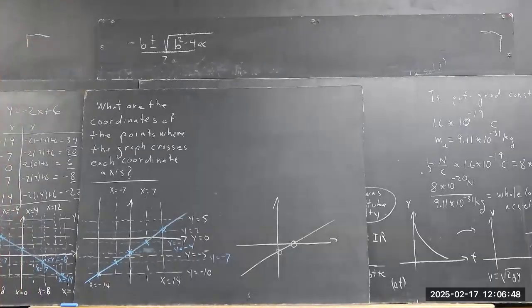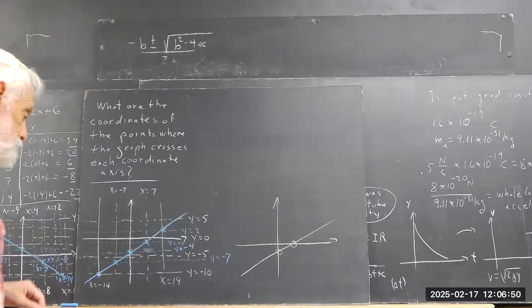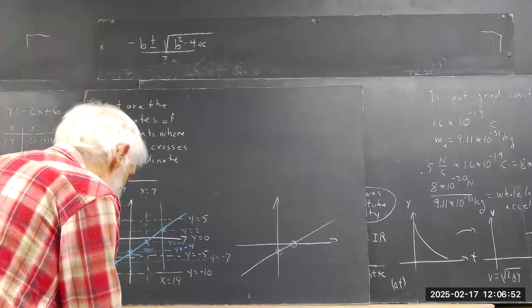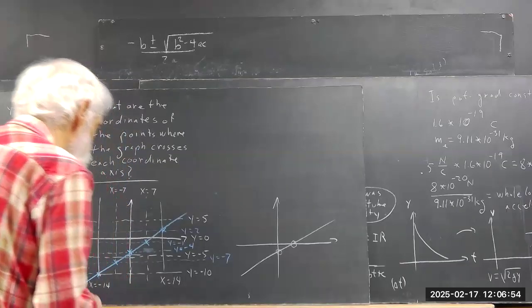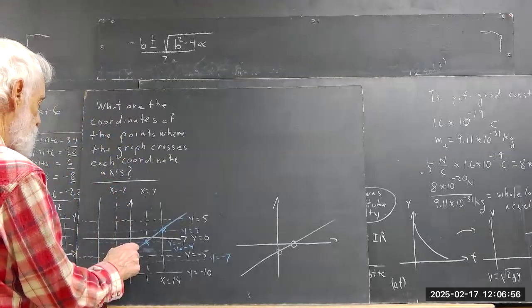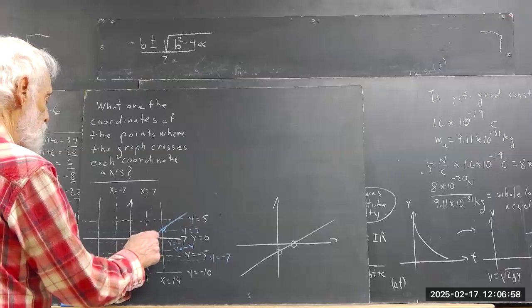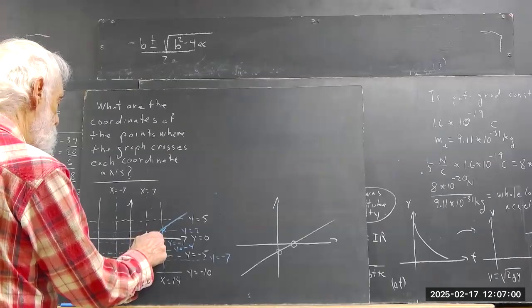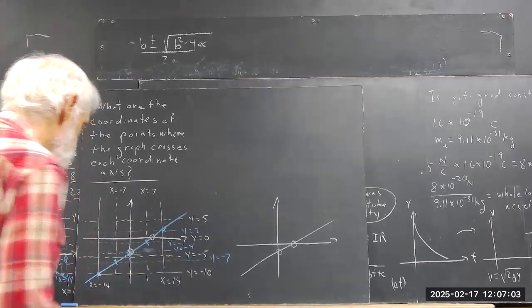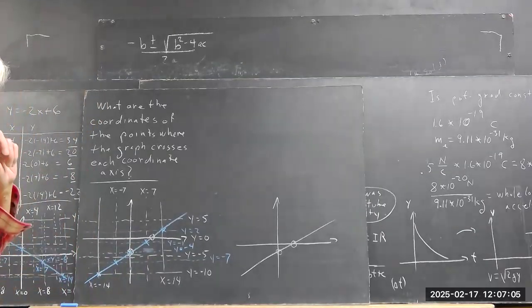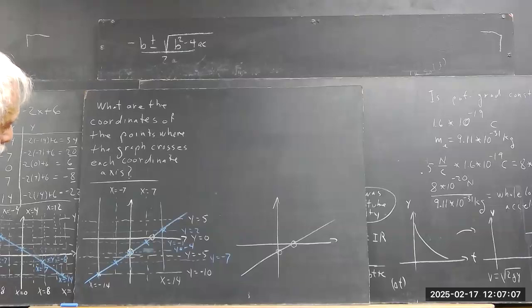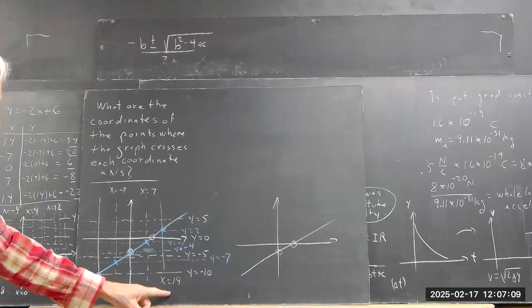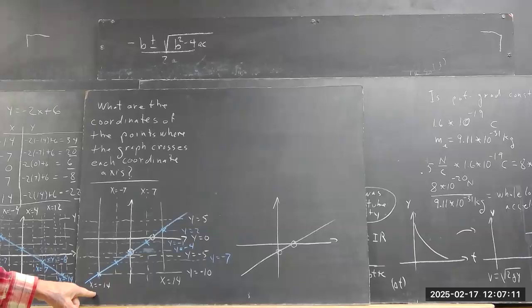Okay. Now, on this graph, that would be this point and this point. Now, we've got the scale, x is 14 here, x is negative 14 here, right?